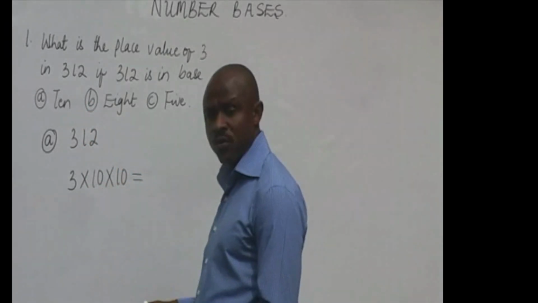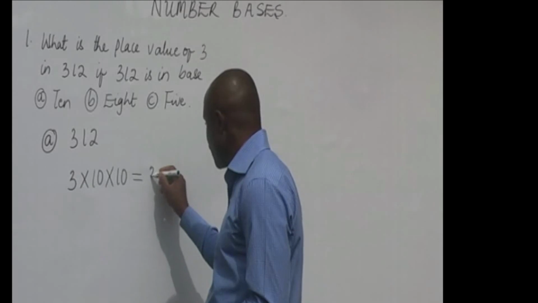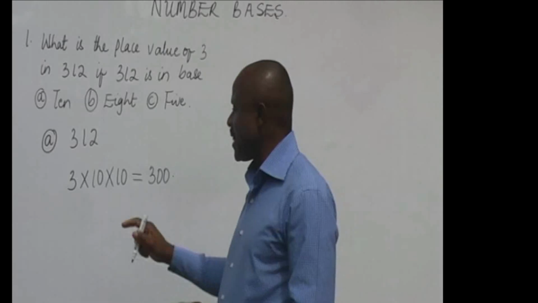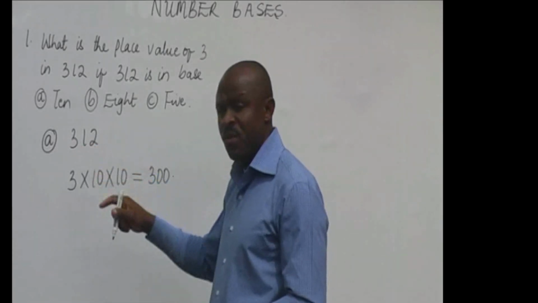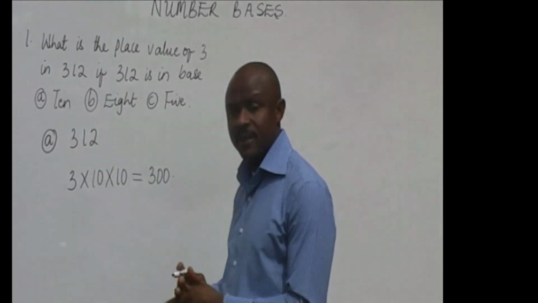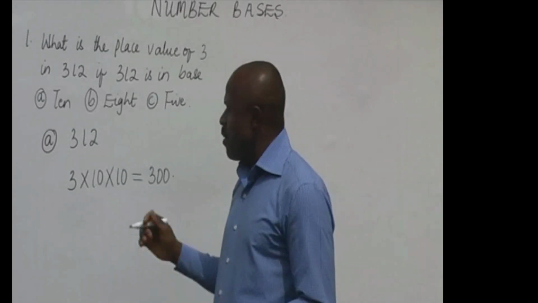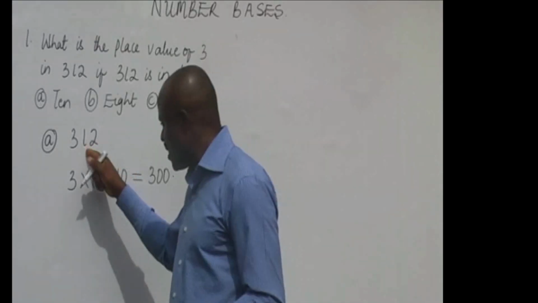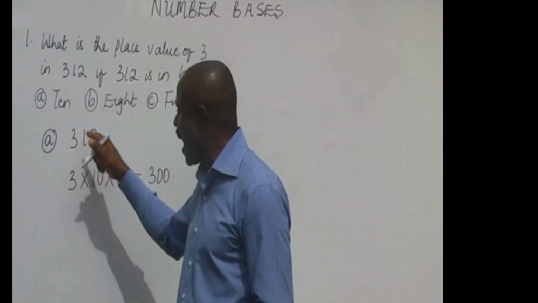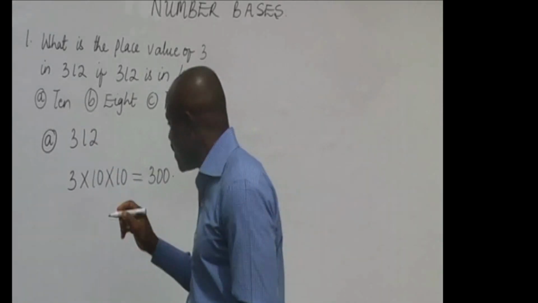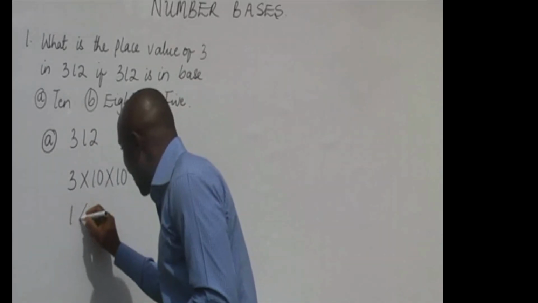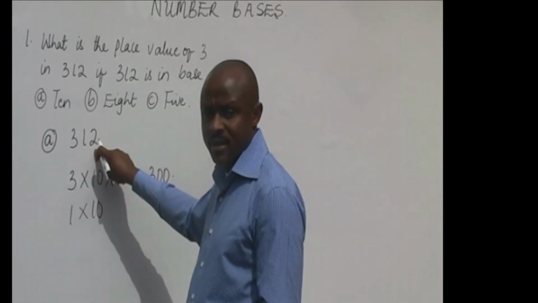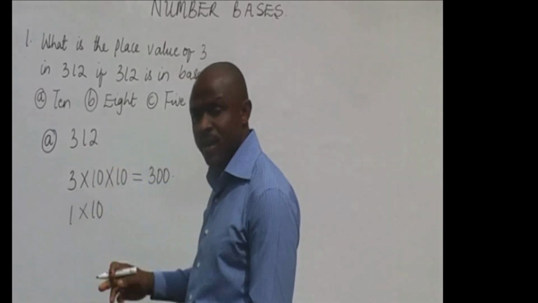10 times 10 will give you 100, times 3 will give you 300. That means the place value of 3 in 312 is 300. For instance, had it been that this question says, what is the place value of 1 in 312? It could have been 1 times 10 because of the remaining digits after you have picked the number.